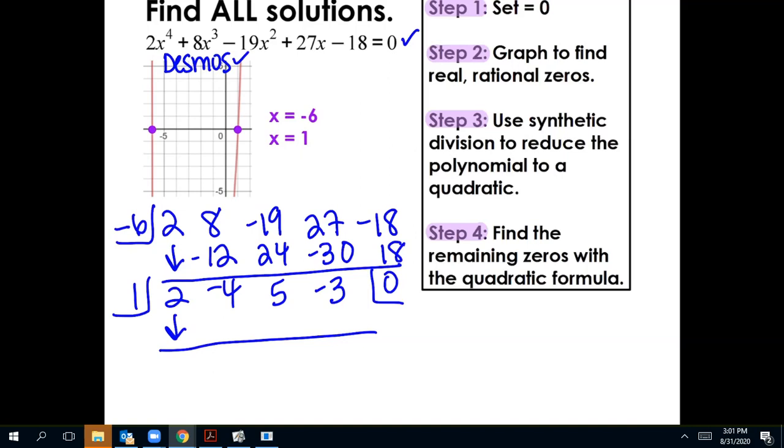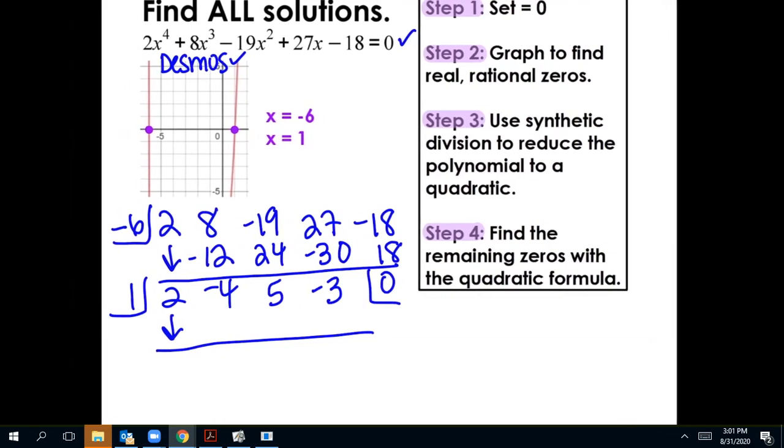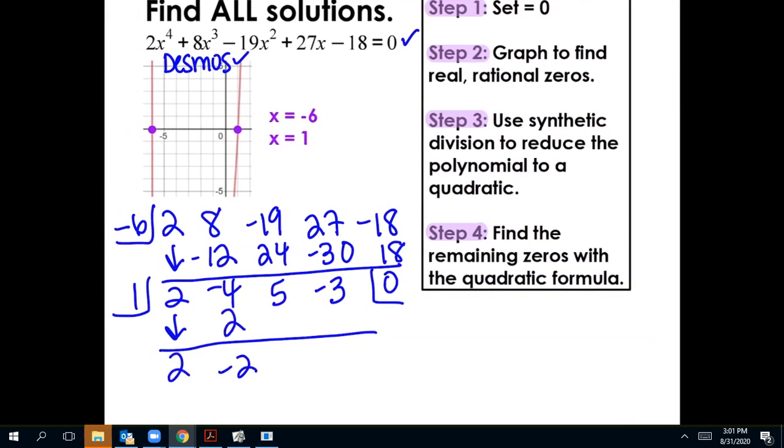So we just repeat the process, but we use those same numbers that we just got. So it's just a fluid thing. Bring down the 2, multiply, add, multiply, add, multiply, add, and we get 0. Remember, you'll always get 0 as your remainder when you're dividing by a 0 or a factor of the polynomial.